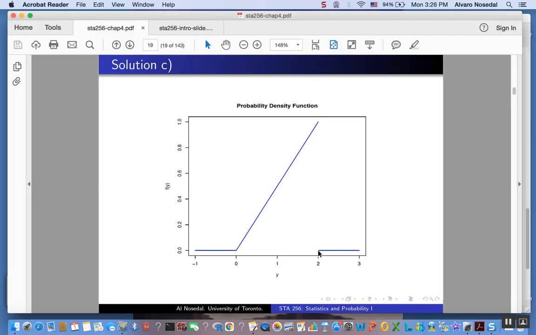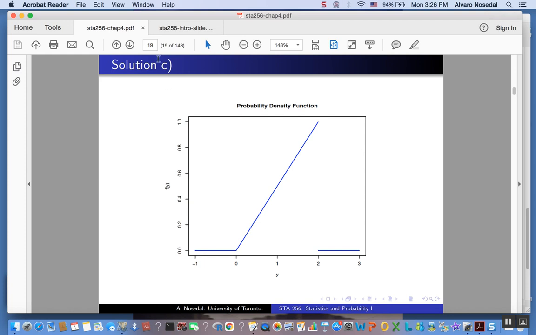And once you're beyond 2, then you have all the area that you could have, right? Because what's the probability that the random variable y is less than or equal to 3? That's going to happen for sure, because the random variable could be anything between 0 and 2, so it's going to be less than 3 for sure.